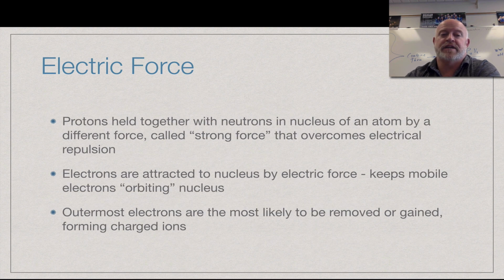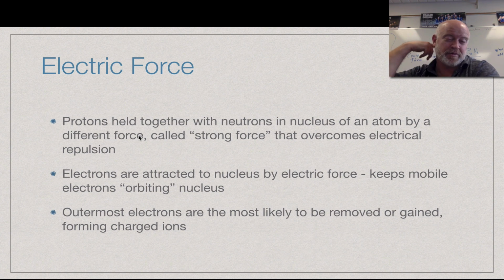All right, now let's go back and review a little bit about protons and electrons, and how that works. Protons, we know, are held together with neutrons in the nucleus. That interaction is dealt with by something called the strong force. It is not something that we are going to deal with in here. It's allowed to happen because the strong force is actually stronger than the electrical repulsion that the two protons would feel towards each other.